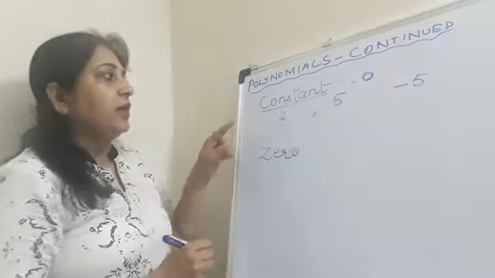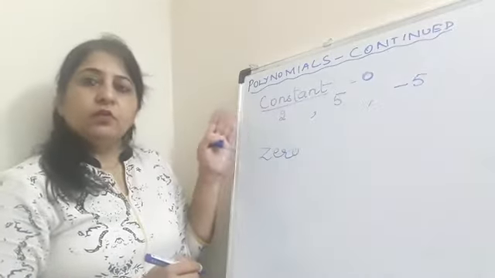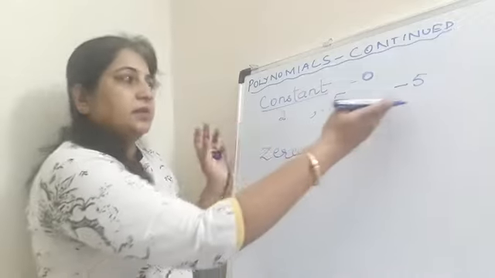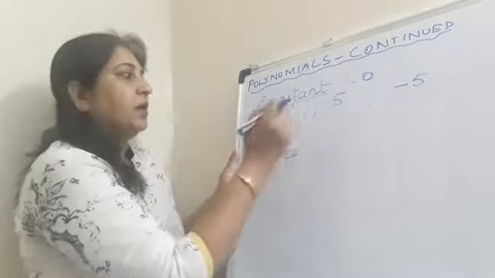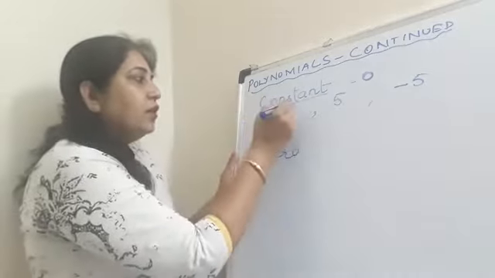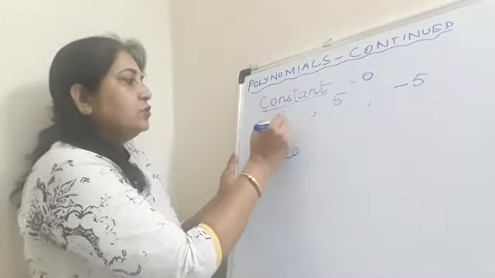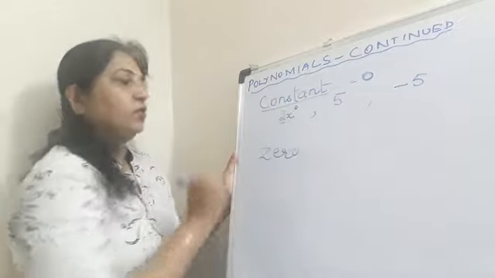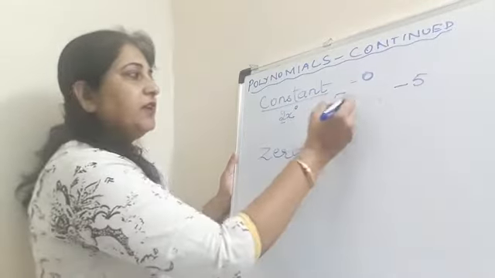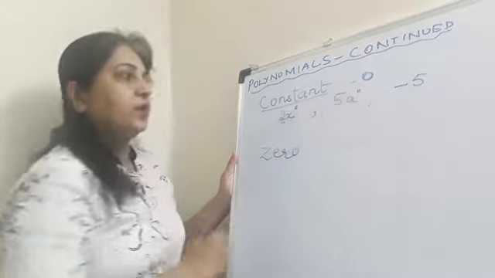Okay, what did I say? The constant polynomials are those polynomials which have the numbers, right? These are all numerals. Now, what is the degree of this constant polynomial? I can write 2 as 2x raised to the power of 0. I can write 5 as 5a raised to the power of 0.